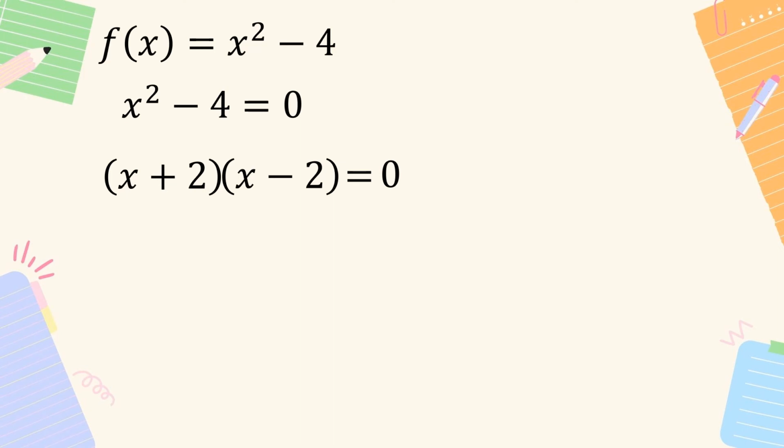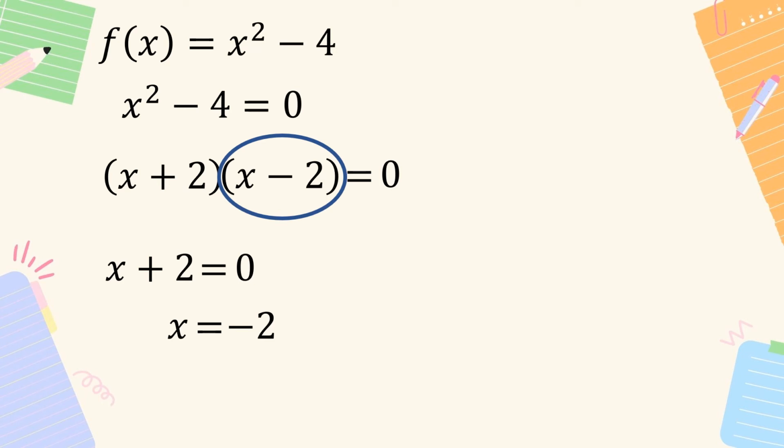We now equate each factor to 0. So we start with x plus 2. X plus 2 is equal to 0. We transpose positive 2 to the right side of the equation. So x is now equal to negative 2.